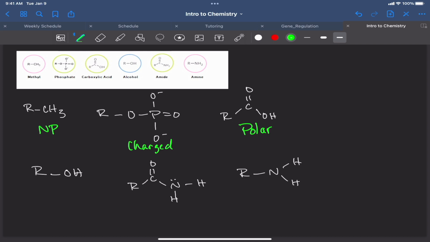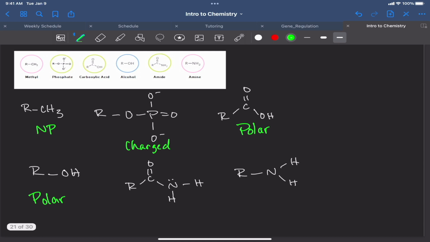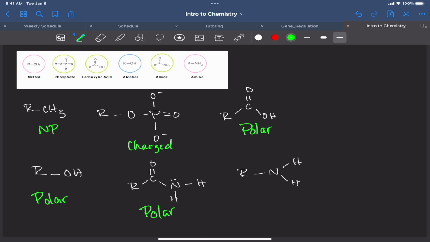Alcohols are polar. Amides are polar. And finally, amines are also polar, typically.